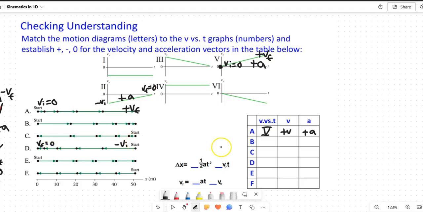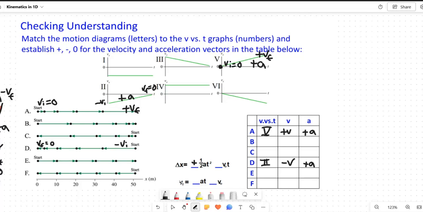Okay? So D looks like it matches up with Roman numeral 2. And that's going to be a negative velocity and a positive acceleration, because the slope of that line is positive acceleration. So positive acceleration, negative velocity, and the final velocity is 0. All right.